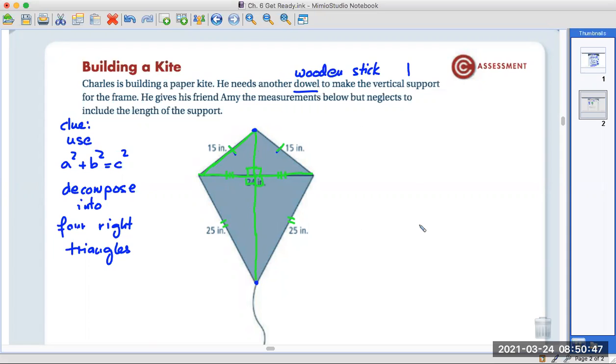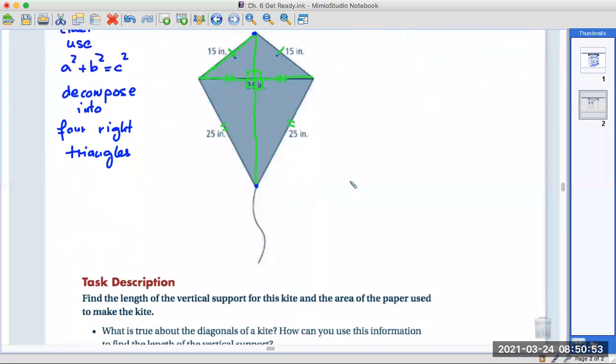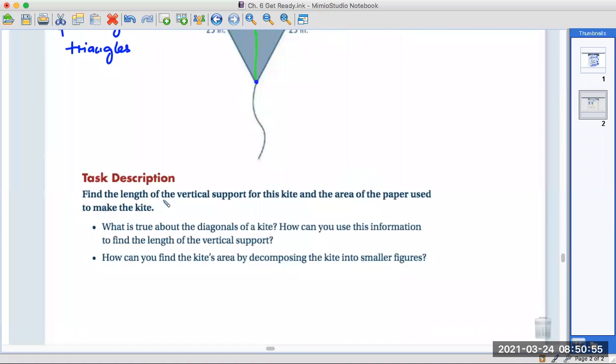You can work on this page and just show me your work. You've got plenty of room right here, right? That is the first question. Find the length of the vertical support for this kite. And now here comes the second question, the area. So this is your first question. Here's your second. Find the area of the paper used to make the kite. Here are some thoughts.